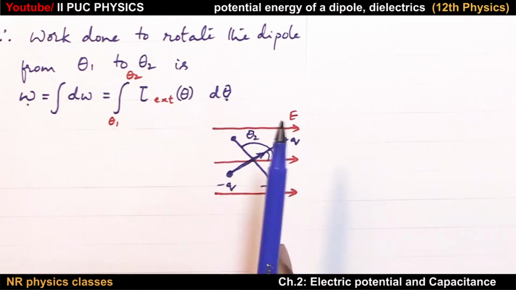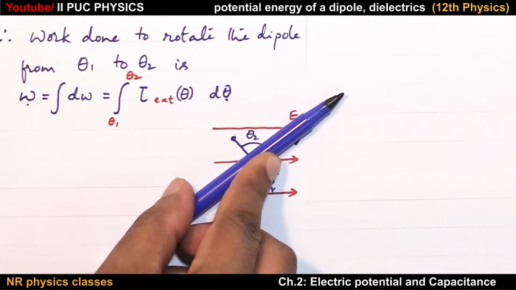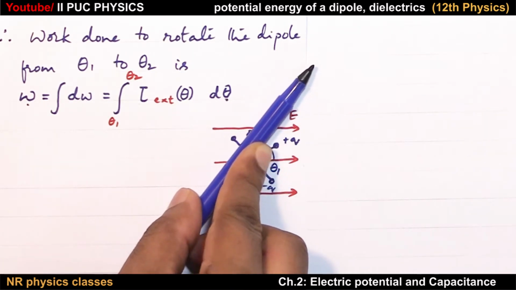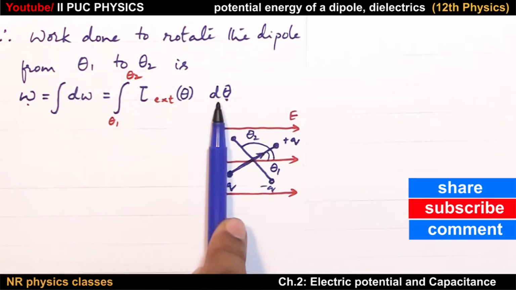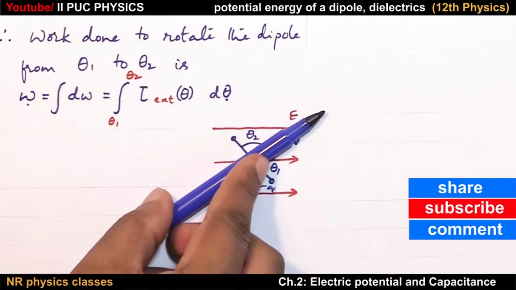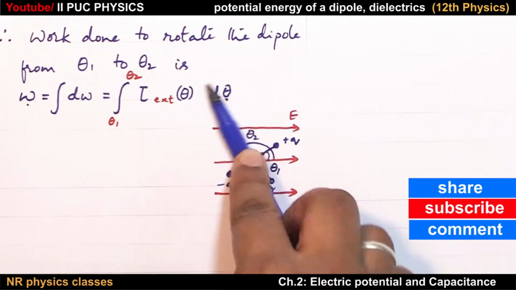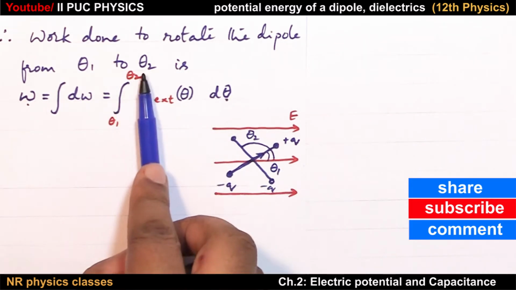D theta is a very small angular displacement. The work done to rotate the dipole through a small angle d theta is dW equal to tau into d theta. So the total work done to rotate the dipole from this position to this position is the integration from theta 1 to theta 2.